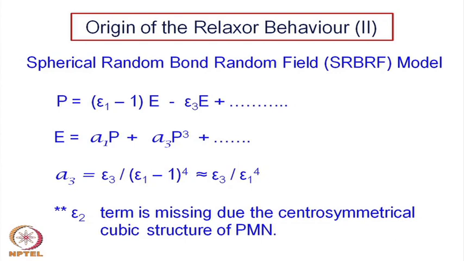So, the polarization can be expressed as sigma epsilon 1 minus 1 minus epsilon 3 E, the electric field.